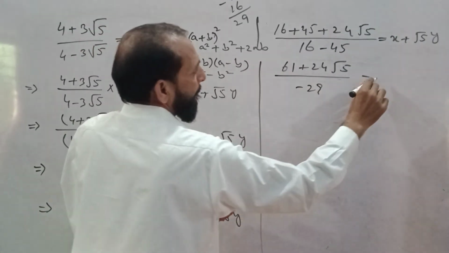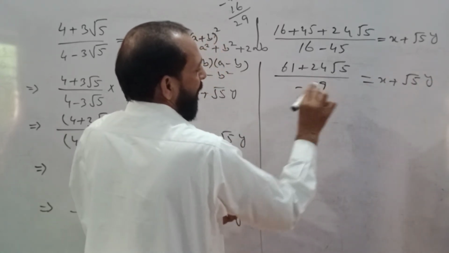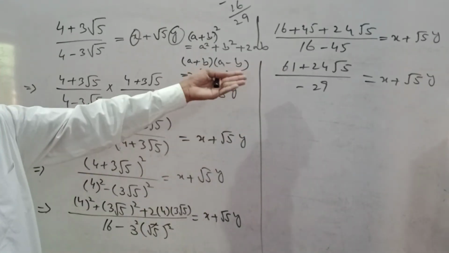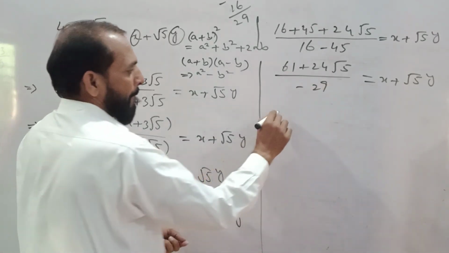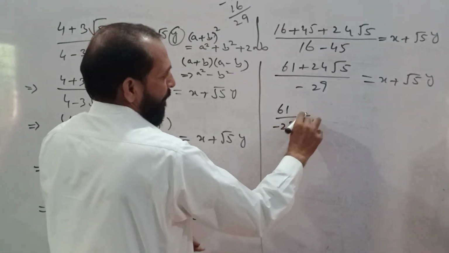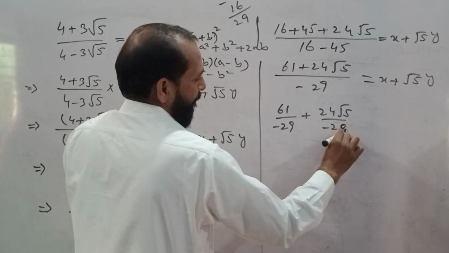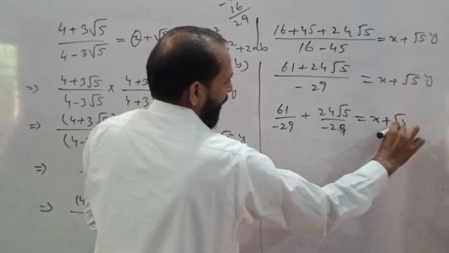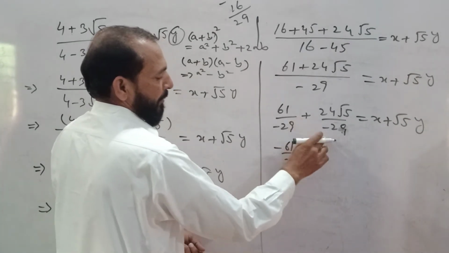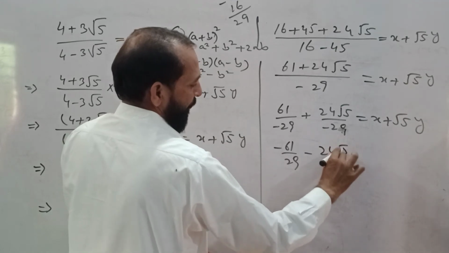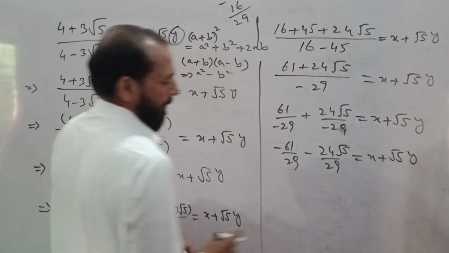29 x plus 5 square root. This will be the 29. Okay? And now we separate this, and we have to compare, and we get the final result for x and y. This plus minus minus 24 root 5 over 29 x plus 5 square root into y.